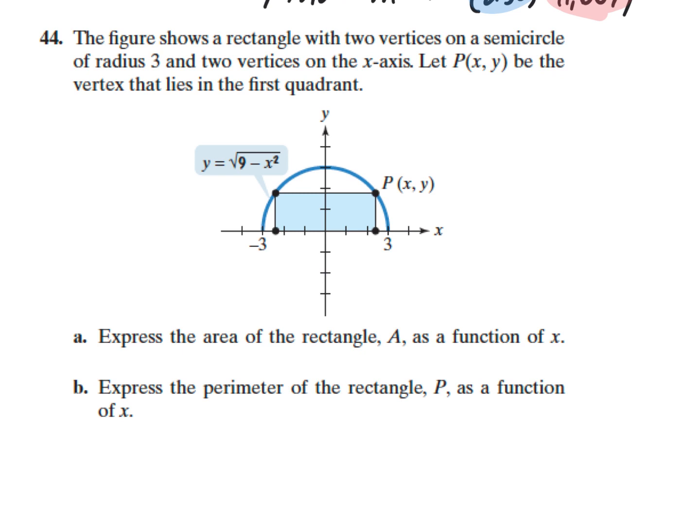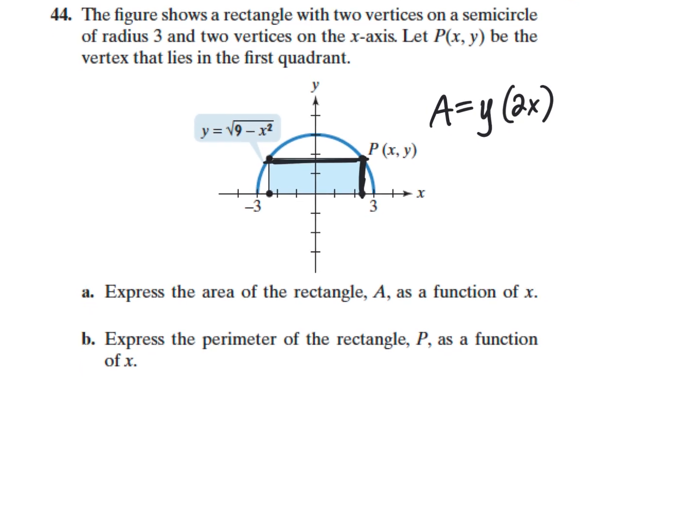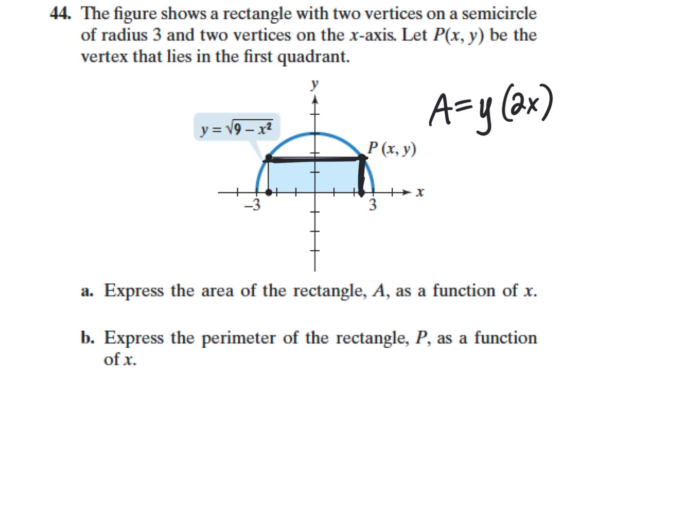Well, I know that the area of this rectangle is going to be, well, the height of it is y, and the width of this rectangle is 2x. So I need to express this area as a function of x. What we have right now is not a function of x because it contains that y.